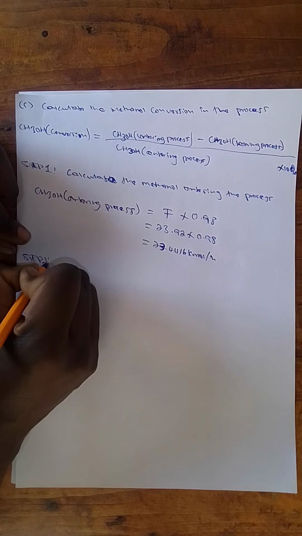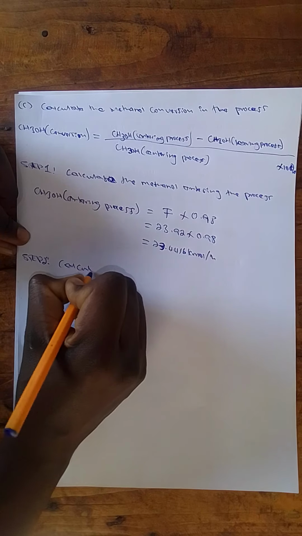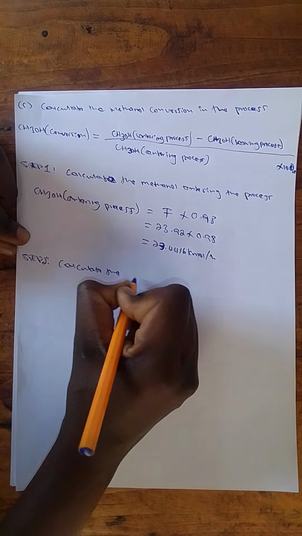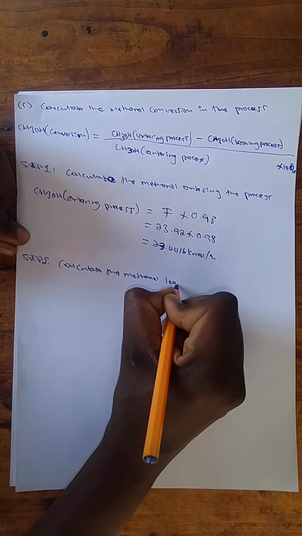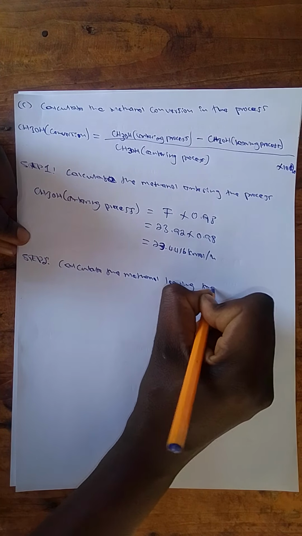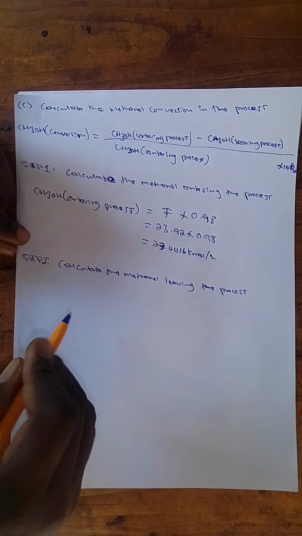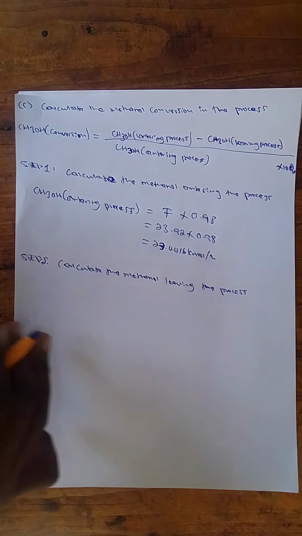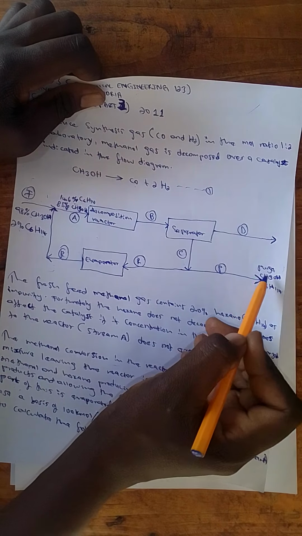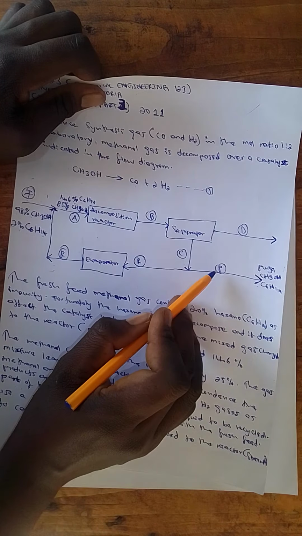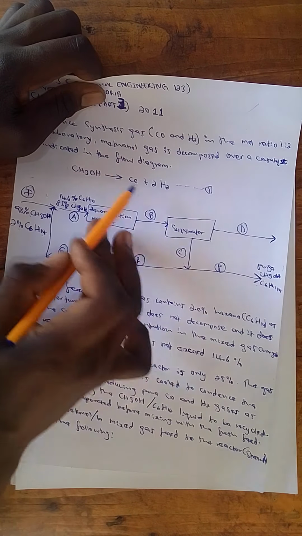In step 2, we're going to calculate the methanol that is leaving the process. This is the methanol that is leaving in stream P, and we remember in the first part that there is actually no methanol in the other stream, it's only CO and H2.